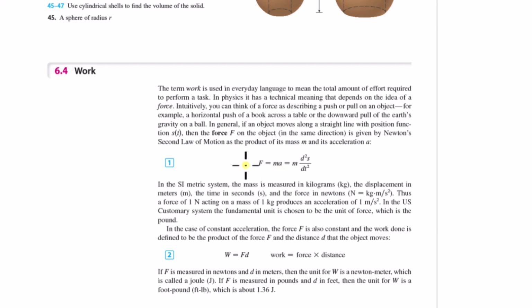Now, this might be a little confusing because you think, well, I can push on a wall and the wall is not moving, but the wall still has a force on it. Again, this isn't a class in engineering mechanics, but that's what's called engineering statics.